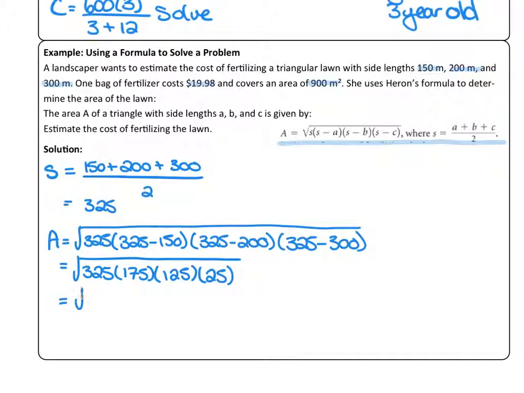So then we'll multiply them all. It's going to be a big number. So 57,025. And then I'll take the square root of it to get A.